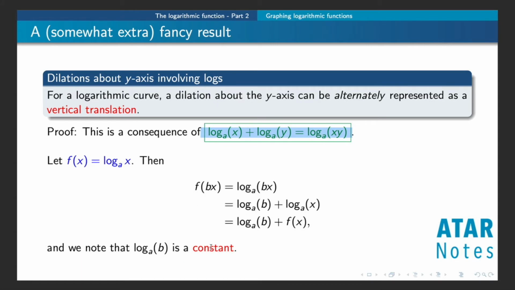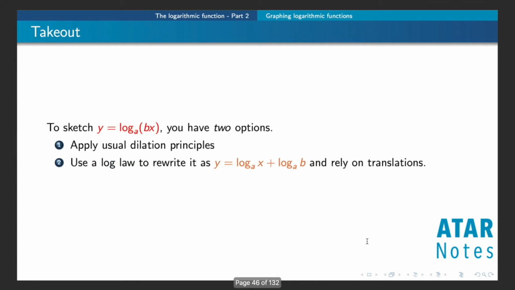You may not want to read the proof, and don't worry about it if you're not interested, but it basically says that if you ever want to sketch this type of function, you can use the sum log law, so that's log base a of bx is equal to log base a of b plus log base a of x. Once you do that, you can forget all about dilations about the y-axis and just turn it into a translating up and down problem. Just a nice thing to note.